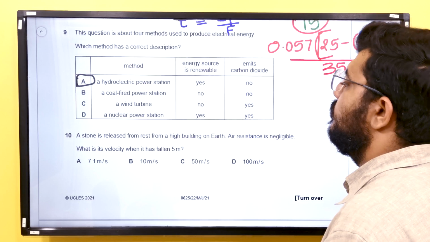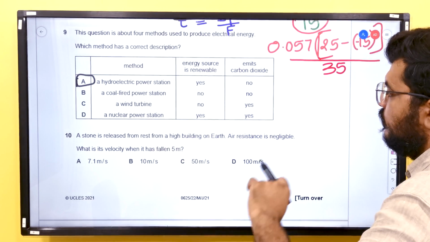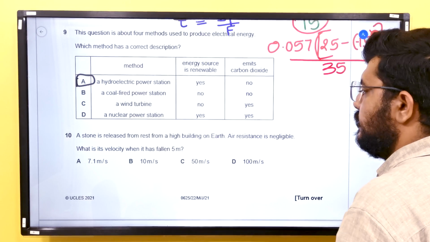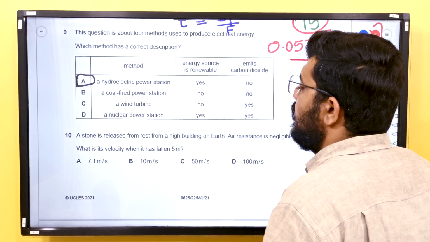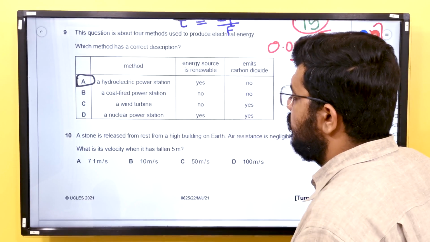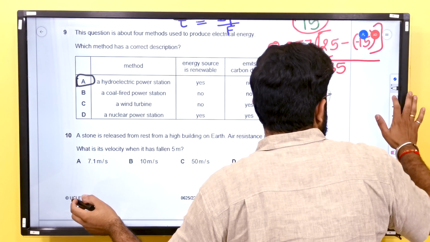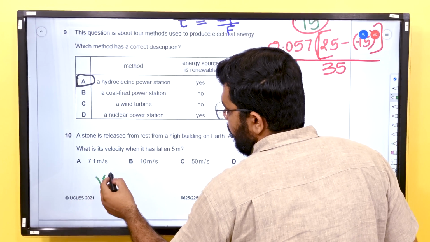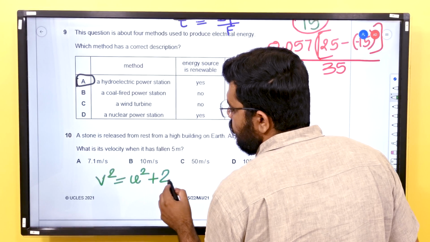Okay, question number 10. A stone is released from rest from a building on earth. The air resistance is negligible. What is the velocity when this stone has fallen 5 meters? So it can be clearly found out by the formula V square is equal to U square plus 2GS.